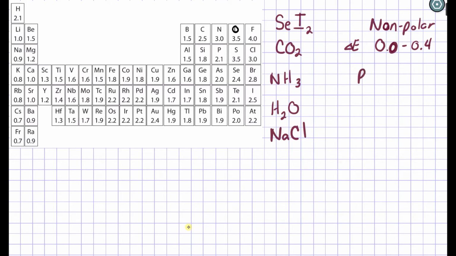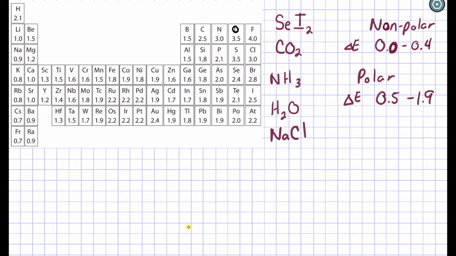In order for it to be polar, change in energy is going to be 0.5 to 1.9. This is where the change is. In class, we said that polar was 0.4 to 1.9. That was confusing. I know that I said we were going to do the whole 0.4 is polar unless it's something else, but we're just going to go with this way to simplify it.